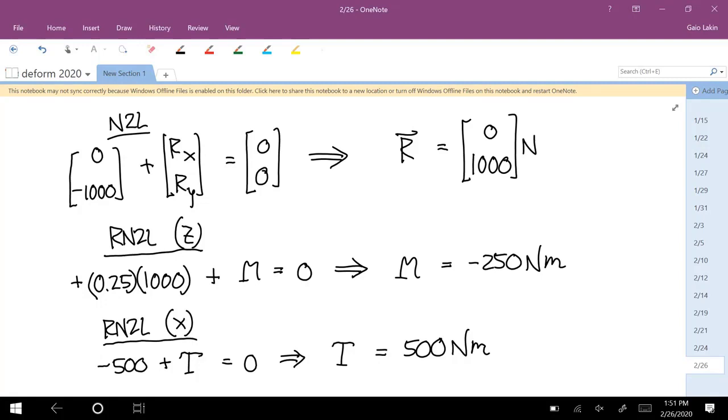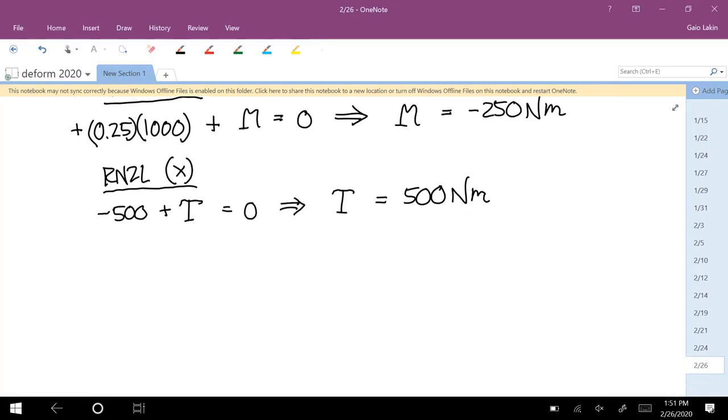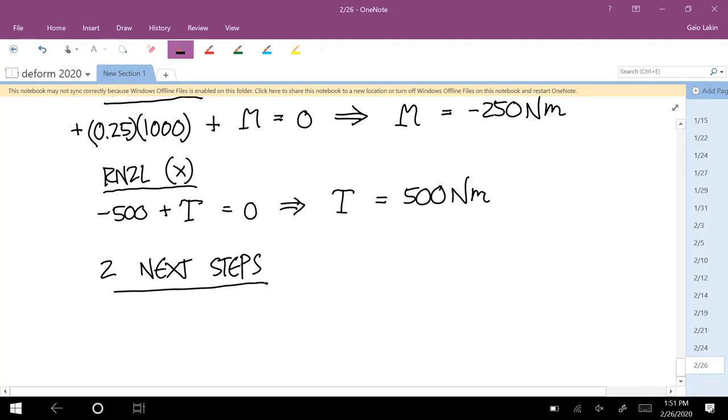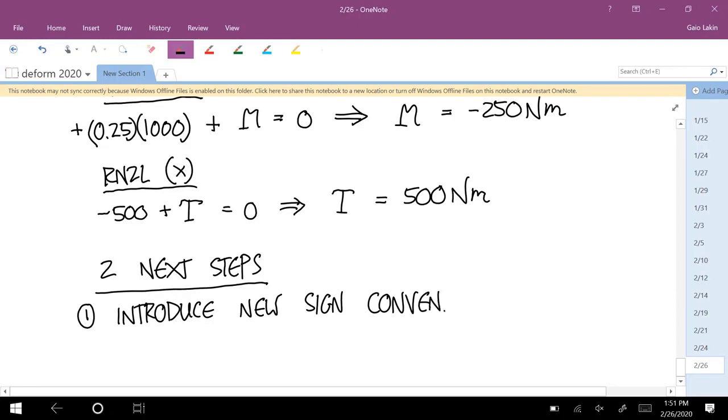Okay, and so the next two steps are, the first one is we're going to introduce a new sign convention for these internal loads.